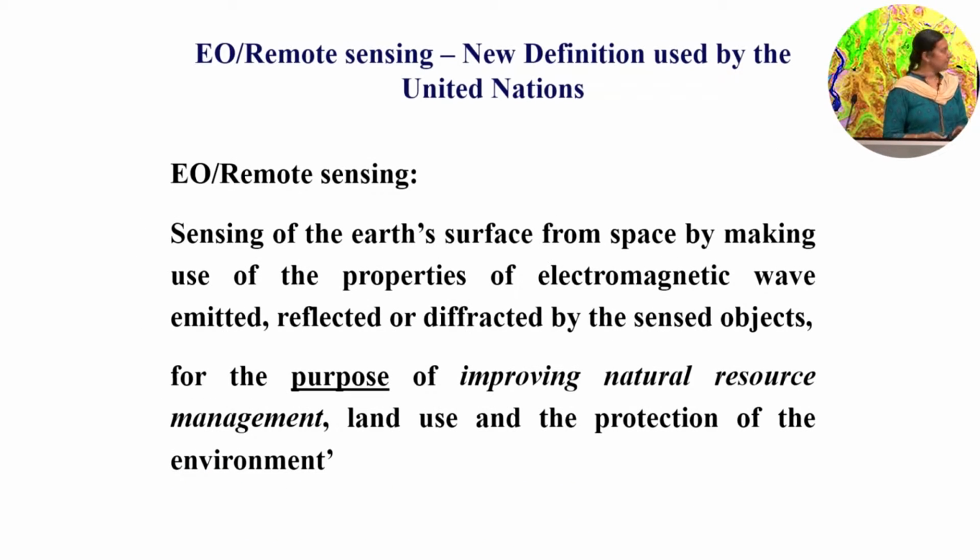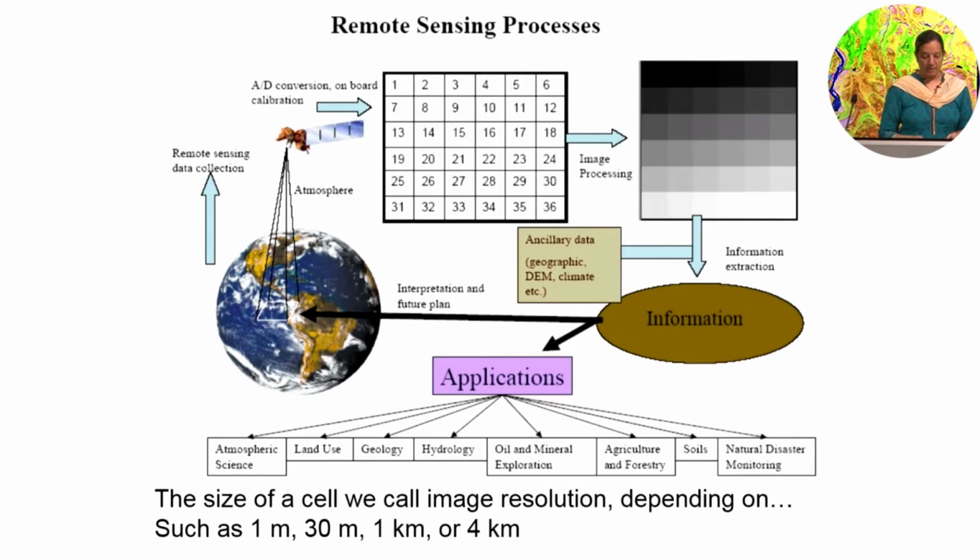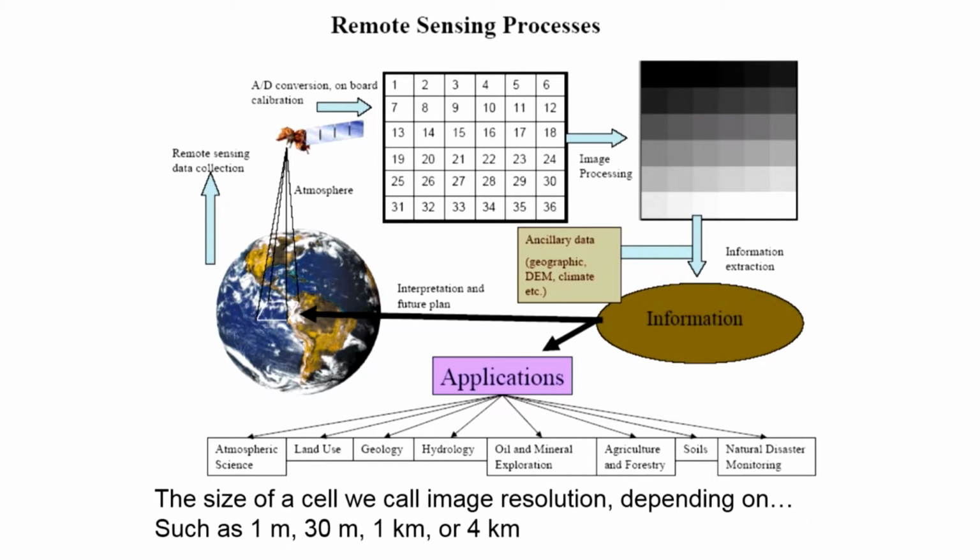Now this is another new definition which has come up, which says it is basically for improving natural resource management. This is the entire remote sensing process. The energy coming from a natural source, the sun, falls on the object, the light we are seeing gets reflected, is measured by the satellite, and the reflected energy is converted into a number.